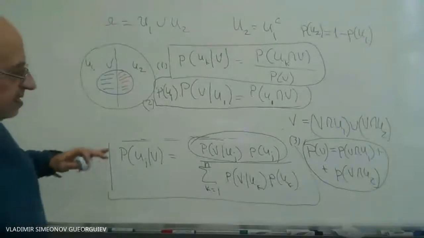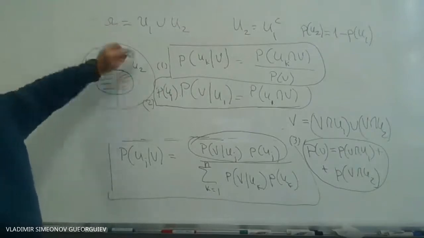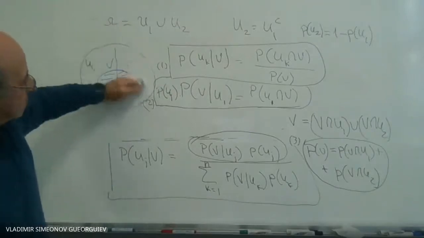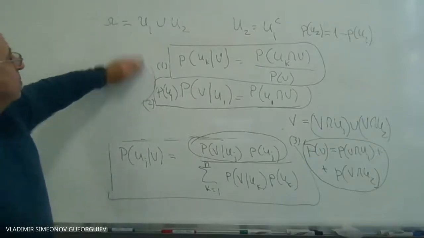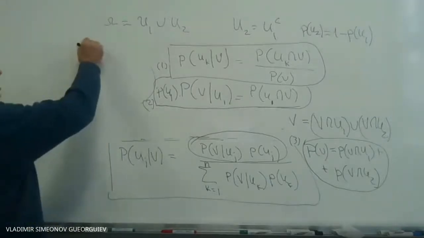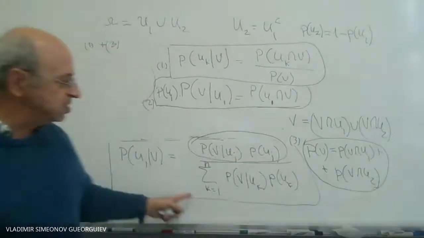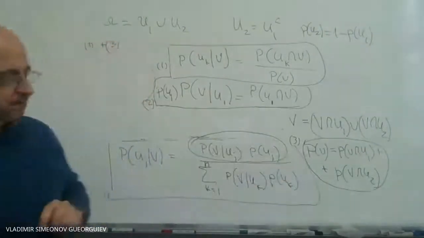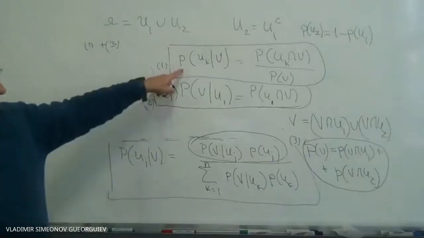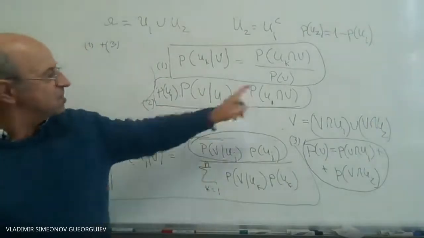Since I need a little bit of space, the final conclusion I shall write on the blackboard, and I shall clean only the picture. So all other pieces of the mosaic shall be on the white. So if you take 1 plus 3, I assert that what is written here in the denominator is exactly P of V. In fact, when I take kappa equal 1, this guy here is also here.